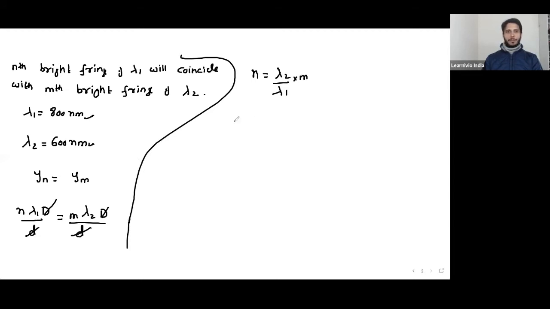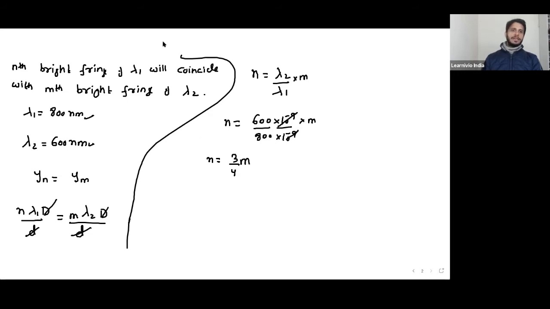So let's substitute lambda 2 and lambda 1. Lambda 2 is 600. Lambda 1 is 800. These are in nanometer. I'm not doing unit conversion because eventually they will cancel out, the multiplication factor of 10 raised to the power of -9 being common. So your n is 6 by 8 m, or you can say this is 3 by 4 m.